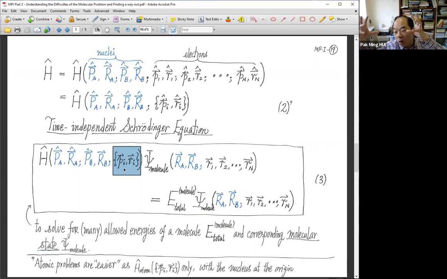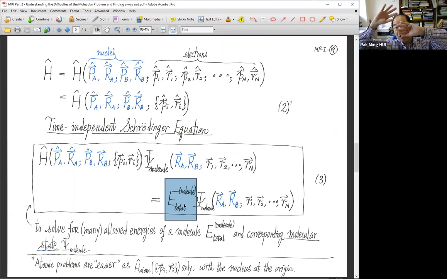Only when we add all this together do we have the total allowed energies of a molecule. Just like all other Schrödinger problems, we will find many allowed energies, very densely spaced. That is our goal.